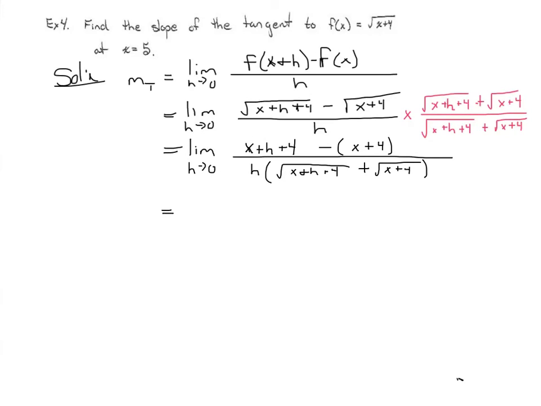And if you look at that numerator, the nice part again is that the x's will cancel out, the 4's will cancel out, and we're left with a nice value in the numerator. Nice because it is strictly h, and look at that, it will cancel out with the h in the denominator, giving us the situation that we've had in the last couple of examples, where the h will indeed cancel out, eliminating our division by 0.